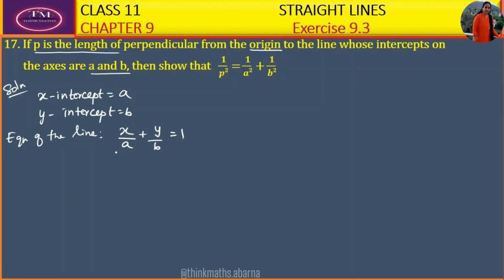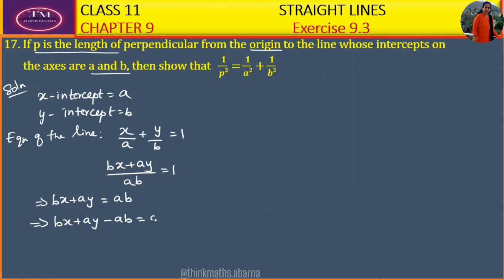Taking ab as LCM, we have (bx plus ay) divided by ab equal to 1. Cross multiplying, bx plus ay equal to ab. So writing this as bx plus ay minus ab equal to 0. This is the equation.